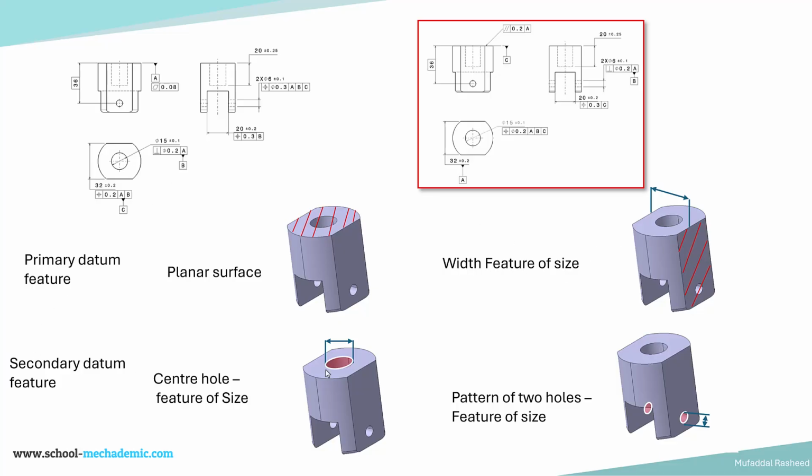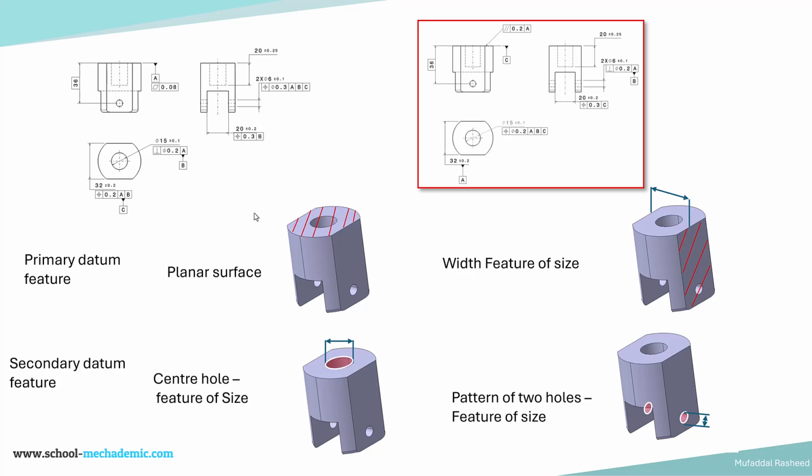And as secondary datum feature, the hole has been selected in the first scheme, the feature of size hole, whereas in the second scheme, the pattern of two holes which are features of size have been selected as secondary datum feature. Again, that depends on the functional importance, whether this hole is functionally more important as compared to these two holes, or in manufacturing, whether the two holes are being manufactured based on the location of this hole and this surface.